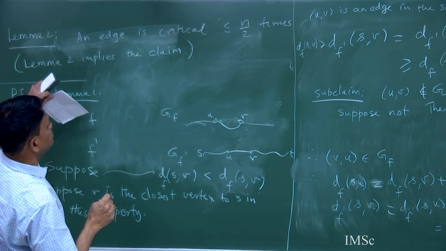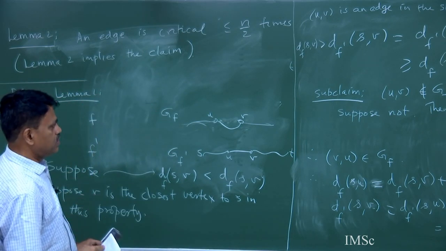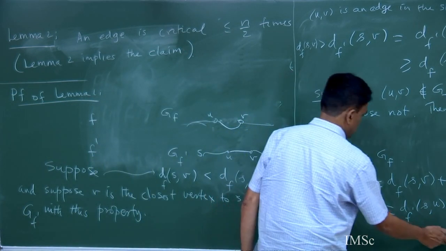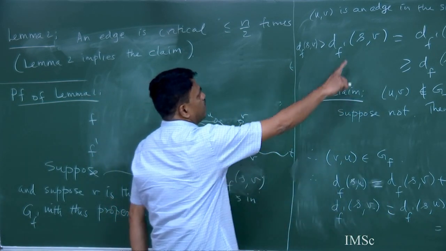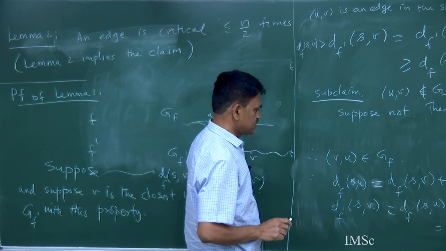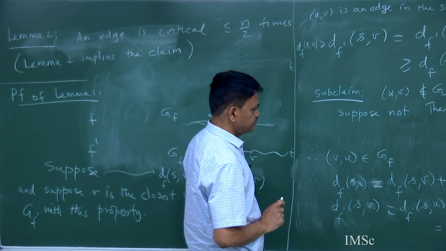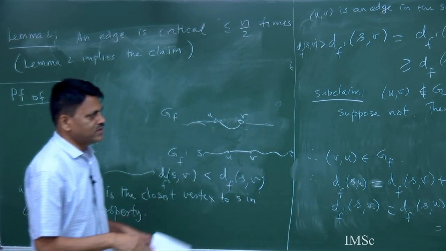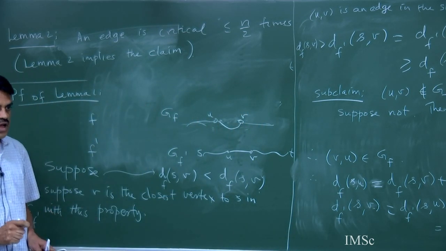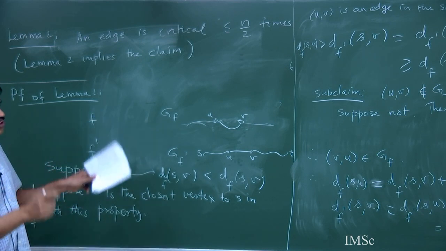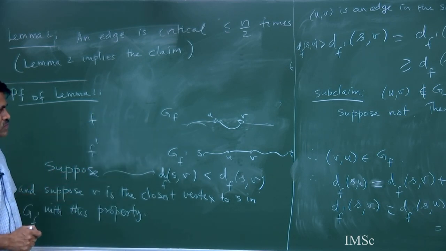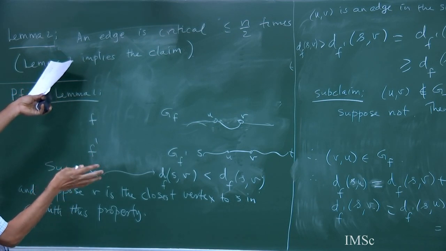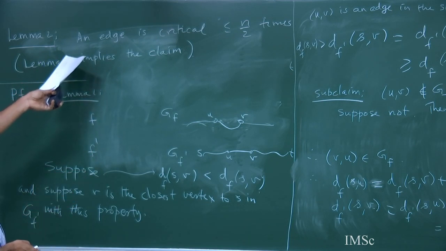So this is a contradiction to the assumption that df prime SV is strictly less than the distance from S to V in F. So what this is saying is the shortest path distance either remains the same or increases from S to any vertex.